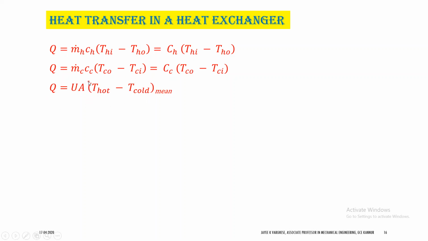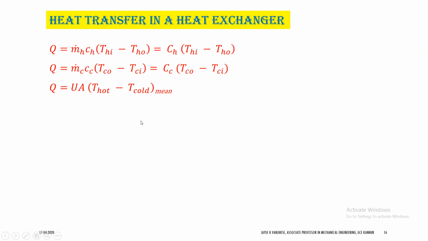So we need to find out an equation for some sort of a mean of the temperature difference between hot and cold. This is the aim. So this can be found out by suitably using the energy balance and convection equation. Our aim is actually to find an expression for T hot minus T cold mean.